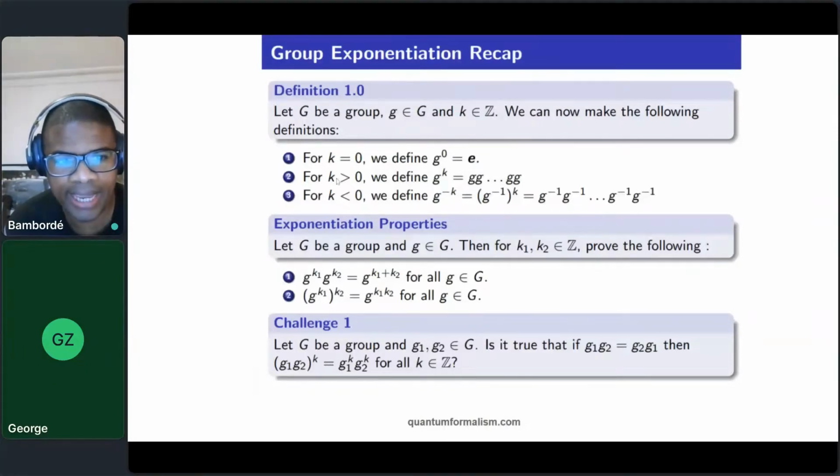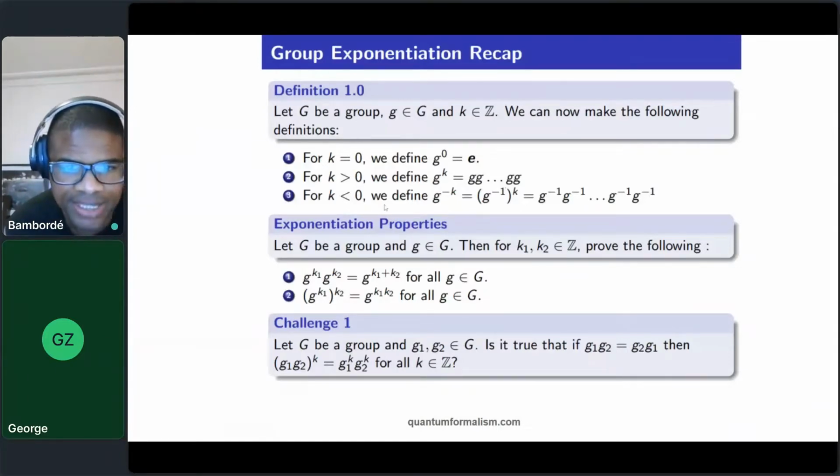Now, for when k is positive, g to the power of k is essentially g times itself, k times. So you apply the binary operation k times. Okay, I forgot to put k times here. I knew I forgot something. So that's for the case when k is positive.